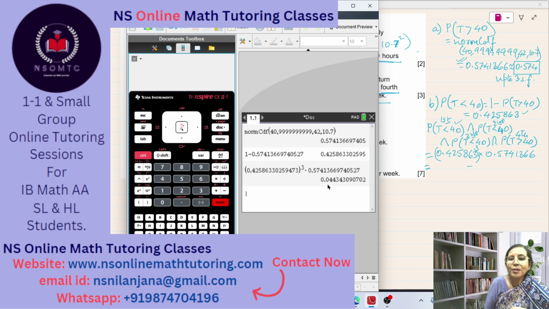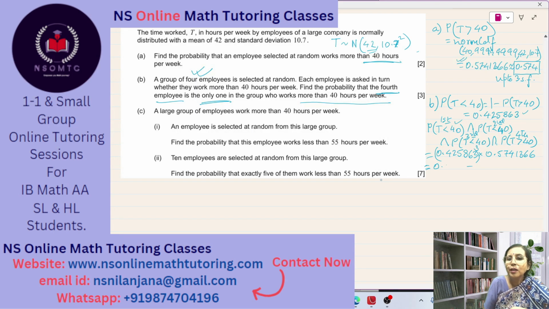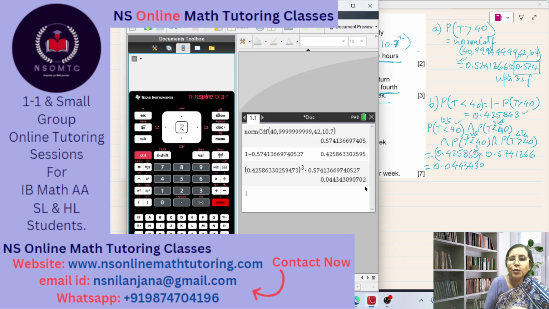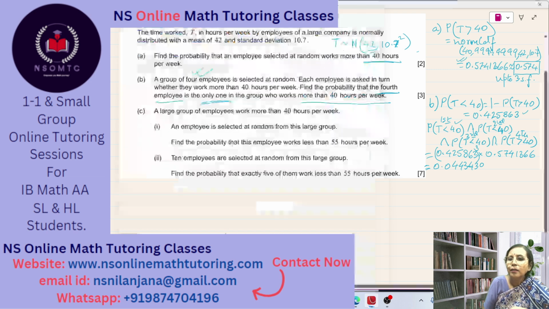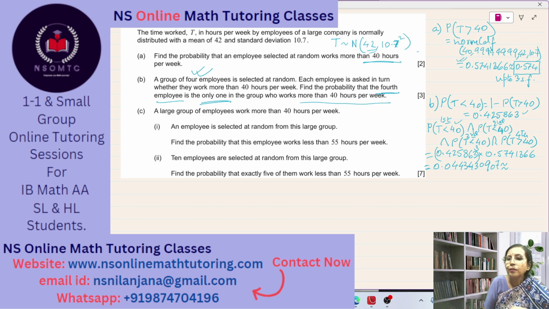It is 0.044330907. So up to 3 significant figures, it will be 0.0443.